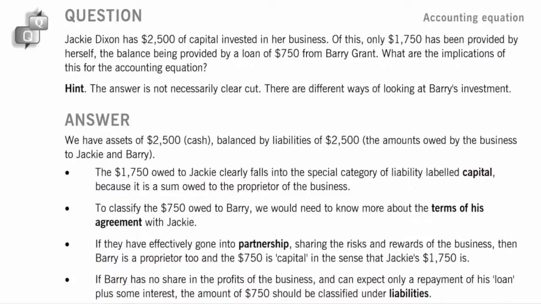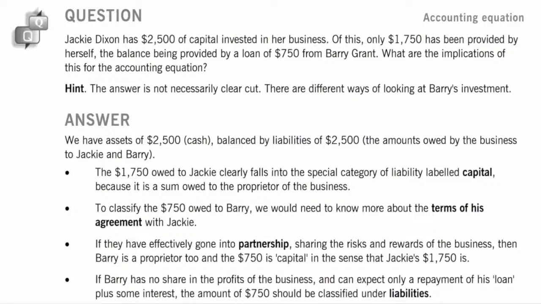Key takeaways. Let's highlight the key points from this example. 1. The accounting equation must always balance. No matter how the money is classified, the total assets of $2,500 are always equal to the total liabilities and capital. 2. Classification depends on agreements. Barry's role determines whether the $750 is classified as capital if he is a partner or a liability if he is a lender. 3.